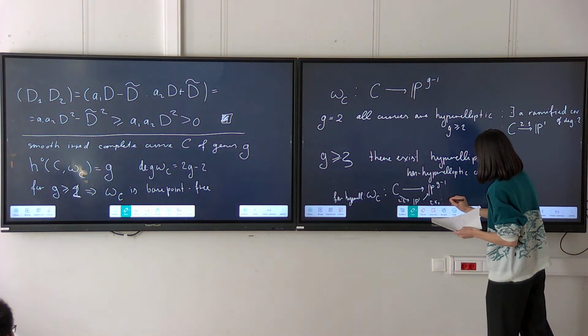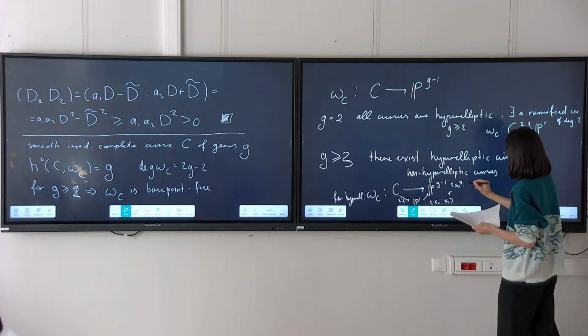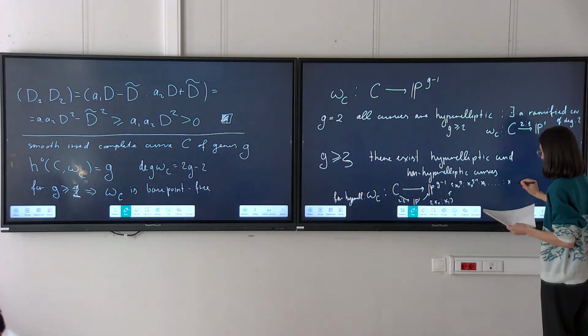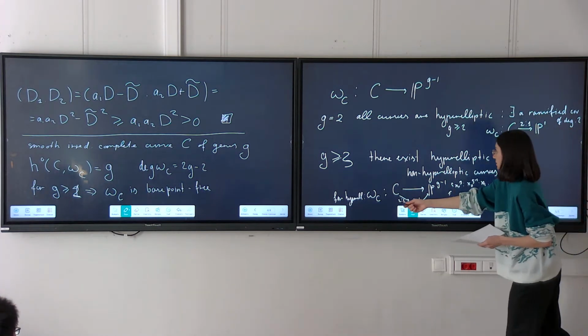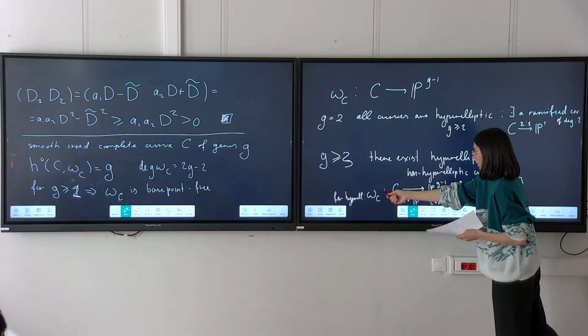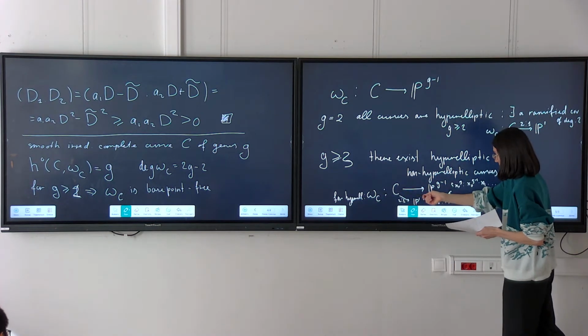So it maps to x0^g, x0^(g-1) x1, and so on, x1^g. So the canonical bundle isn't very ample just because this isn't an embedding.